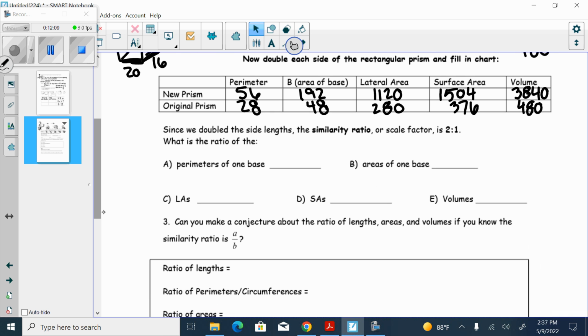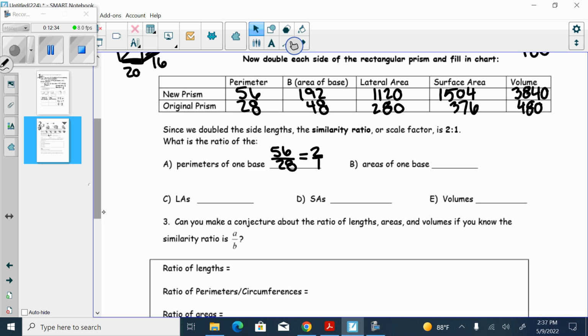So it says, since we doubled the side lengths, the similarity ratio, or scale factor, is now 2 to 1. So the perimeters of the base for us would be 56 over 28. And will that simplify to what? 2 to 1.